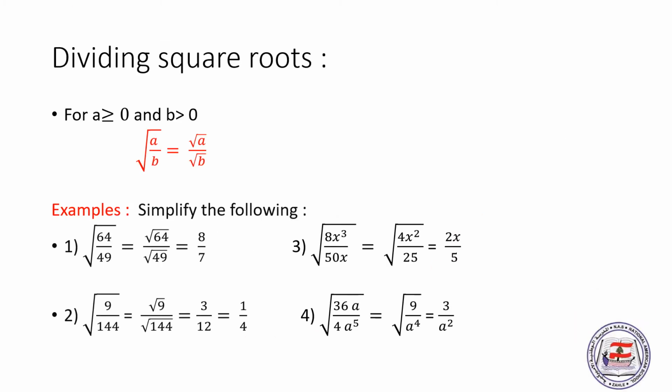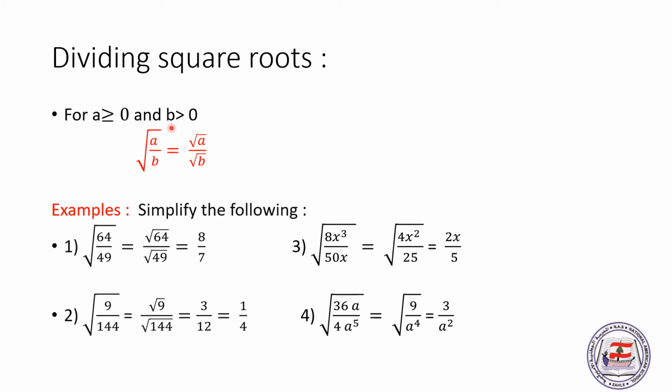Now let's move to learn how we can divide the square root. For any two numbers, any positive for sure. Since we need to work with division, the denominator in the fraction should be a non-zero positive number.